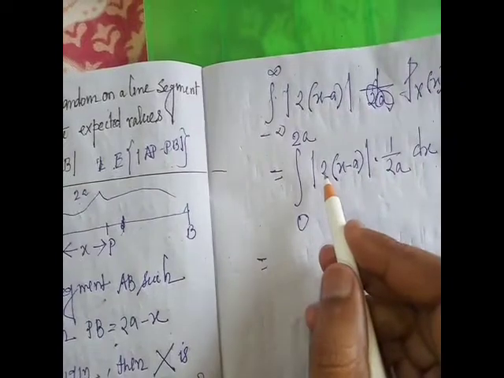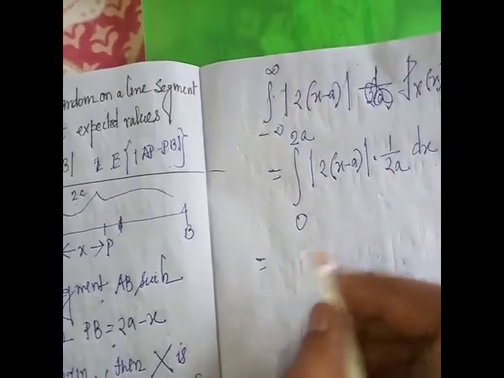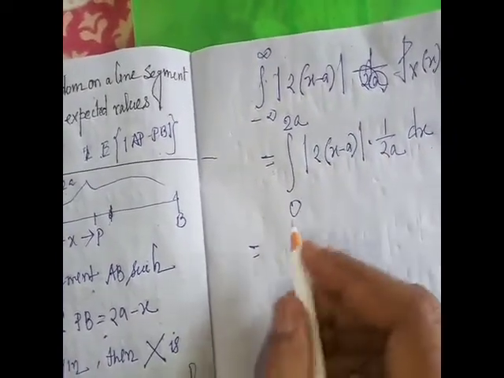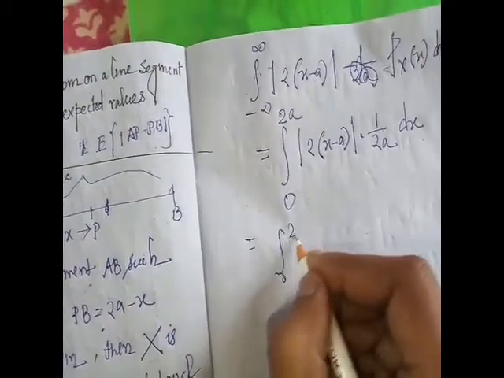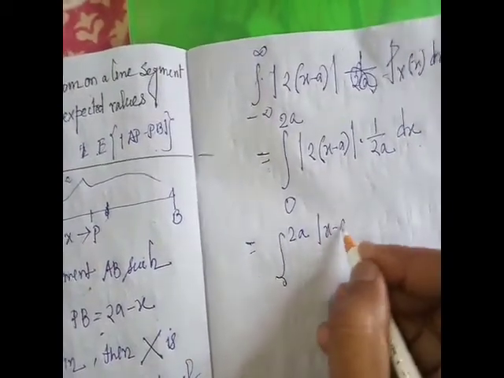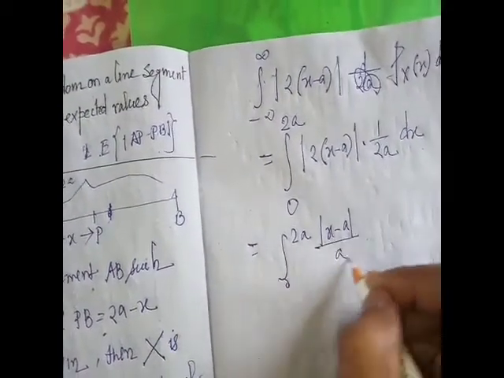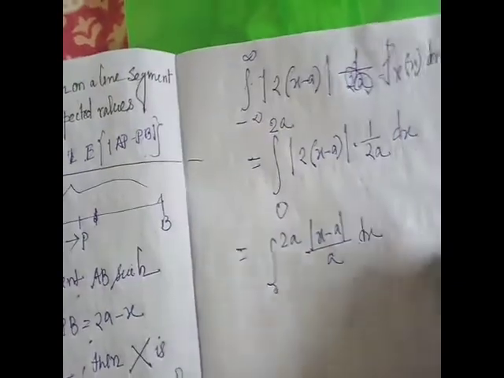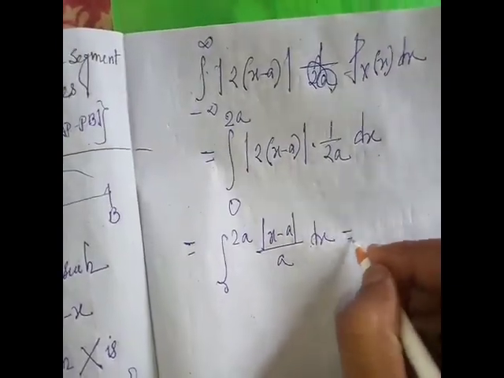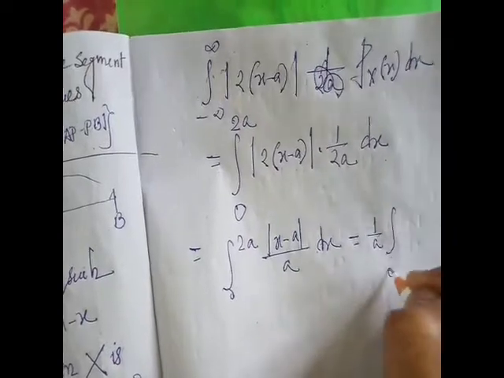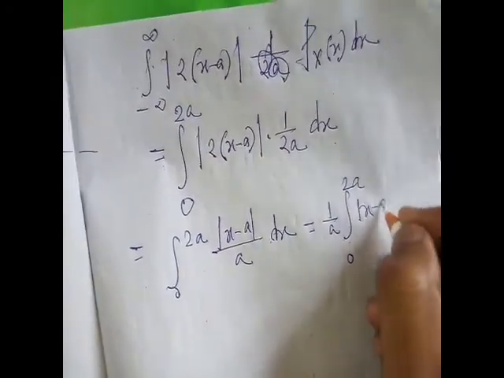The 2 and 2 cancel, giving the integral from 0 to 2a of mod of (x minus a) by a dx. Since a is constant, this is 1 by a times the integral from 0 to 2a of mod of (x minus a) dx.